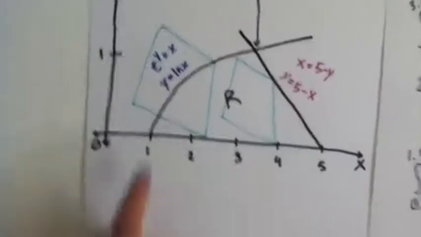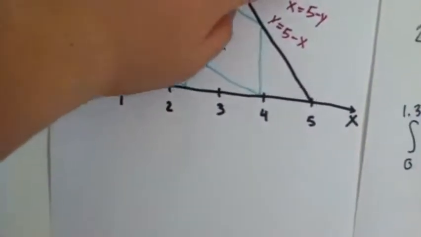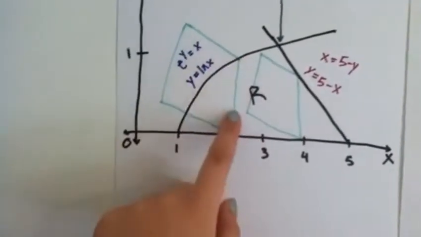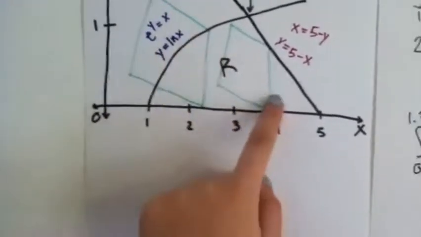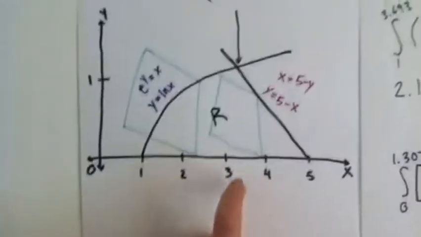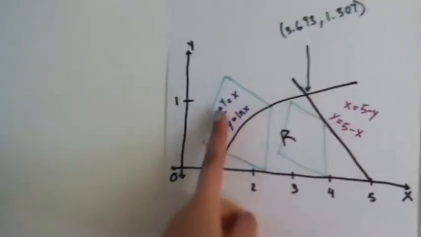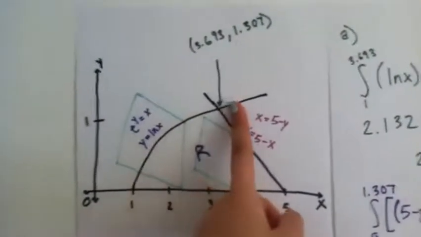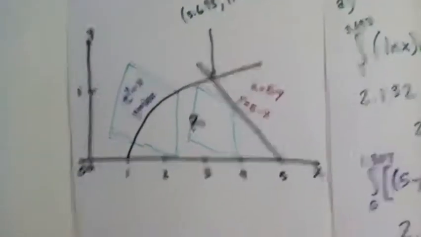But because this region is two functions, the y value, or the length of the side of the square, is going to vary depending on where the x value is. If the x value is below 3.693, the y value will equal ln x. If the x value is above 3.693, the y value will equal 5 minus x.